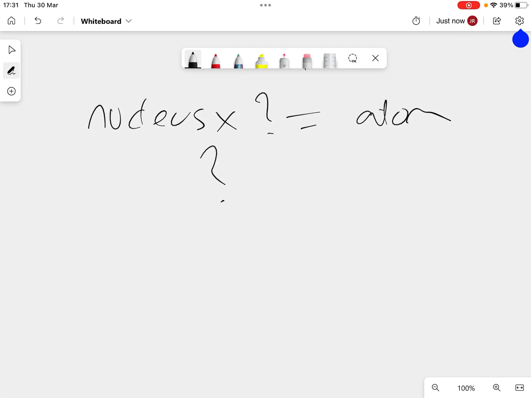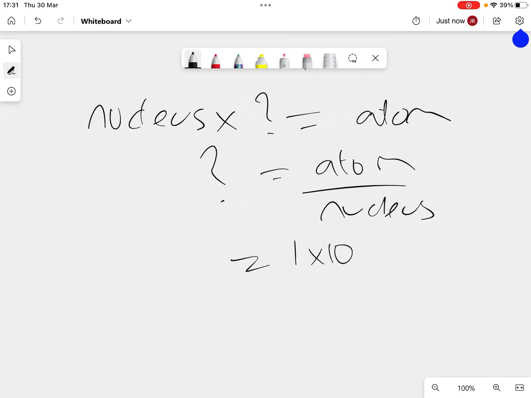What we can do is divide both sides by the radius of the nucleus. And so what we have, the atom was 1 times 10 to the minus 10, divided by 1 times 10 to the minus 14. That's the radius of the nucleus.